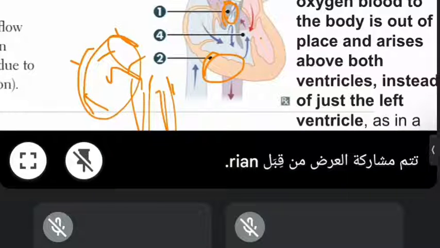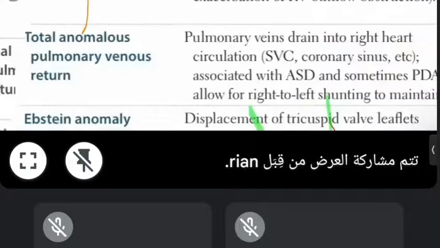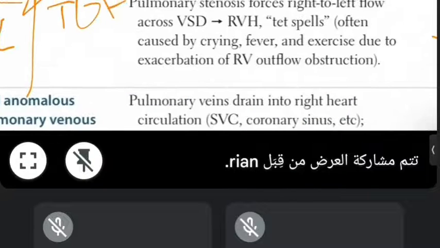So normally the aorta is only above the left ventricle. If this aorta is above the left and right ventricles, it is an overriding aorta. So this is the third defect that you have in the tetralogy of Fallot baby.